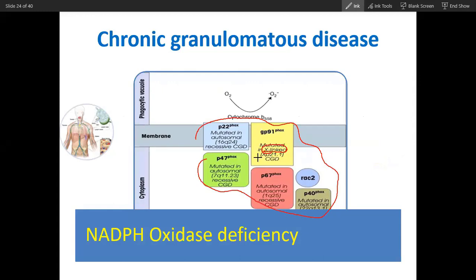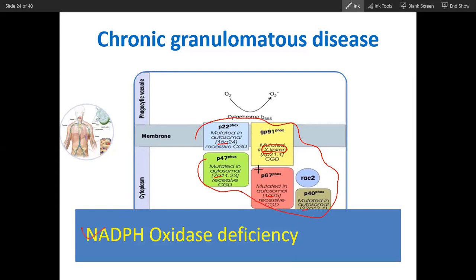It has an X-linked protein also, and other proteins derived from other chromosomes as well: chromosome 16, chromosome 7, chromosome 1, and chromosome 22. So the whole group of proteins will function as NADPH oxidase. So damage to any of these proteins can cause a decrease in activity of NADPH oxidase, a deficiency of NADPH oxidase.